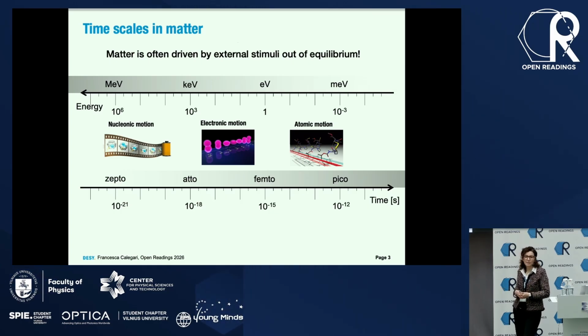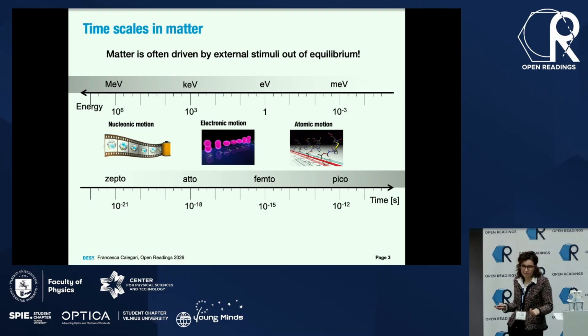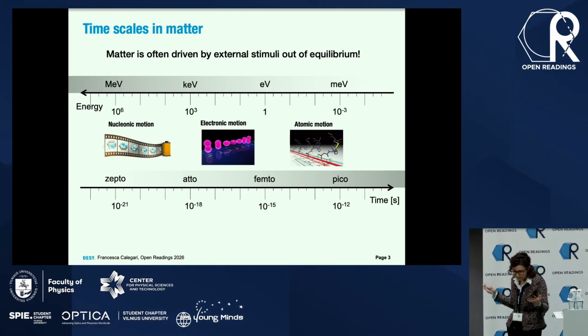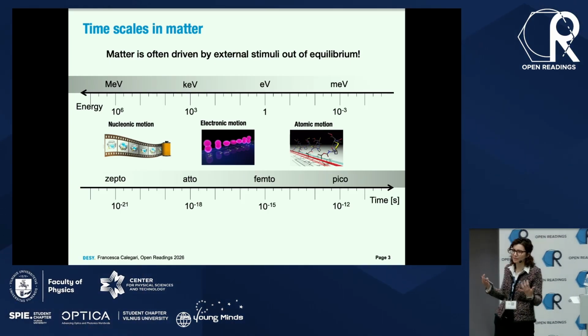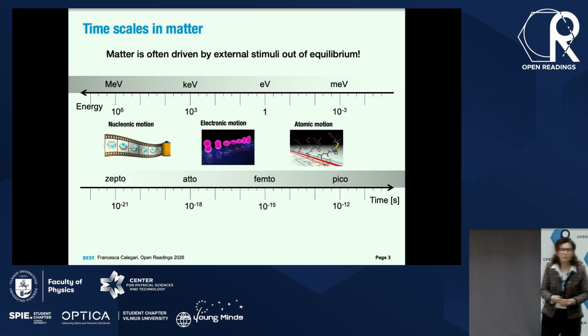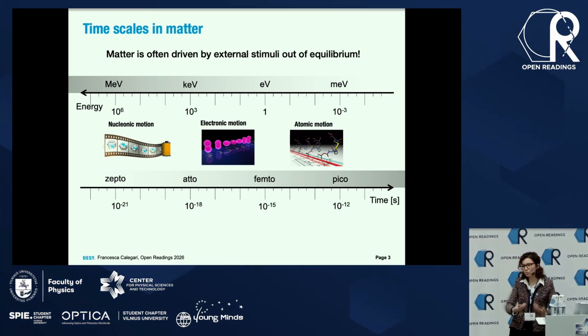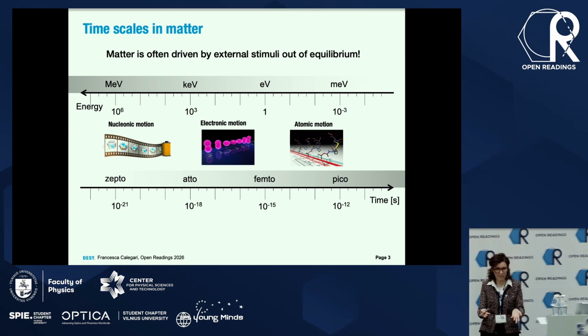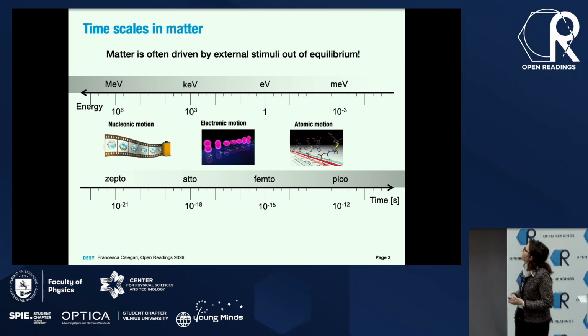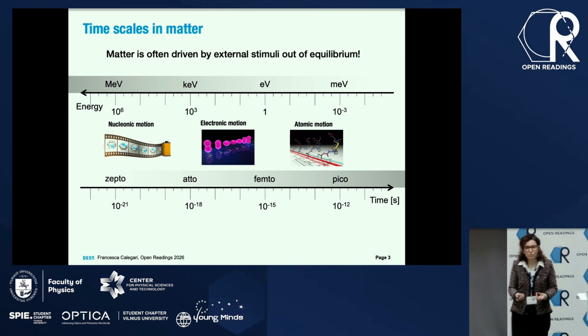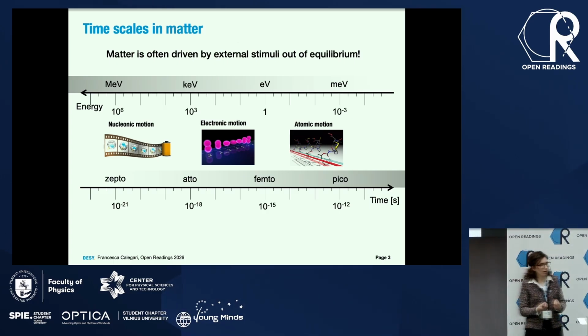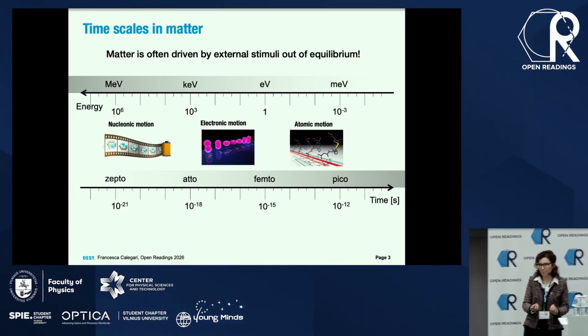And this means that matter is far from being static. Of course, there are cases in which matter is static, but in most cases, matter is in an out of equilibrium state, which means that the external stimuli has driven matter to do something, to have some functionality. And that's why I would say it's very important to look into which kind of excitation has happened in matter.